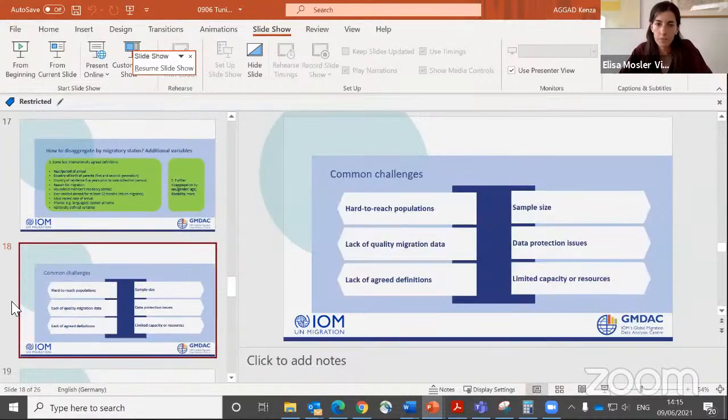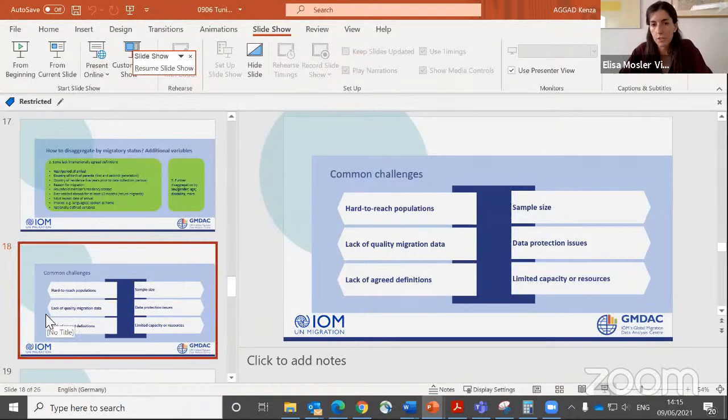Next slide, please. There are a few common challenges related to disaggregation, and I'd like to highlight one in particular: sample size. When we use traditional data sources to disaggregate data, for example household surveys, often it's not possible to disaggregate that information by migratory status, even if the information is already collected.